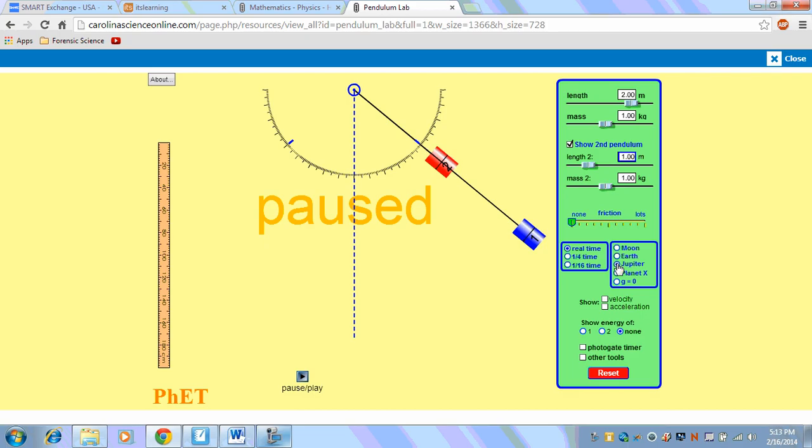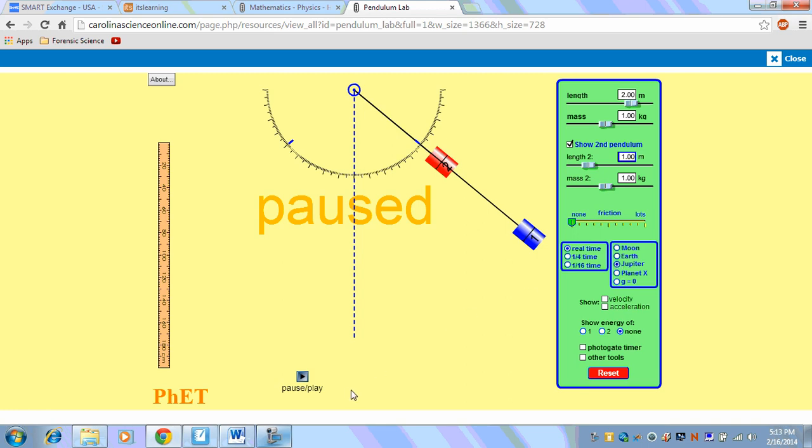So all you need to know is that it has a much stronger pull on objects than the Earth has. So if we saw that when we decreased the gravity, it slowed down the motion of our bobs, so it increased the amount of time, then what do we think would happen when we put these things on Jupiter? Should they go faster? Should they go slower? What should happen to our period?